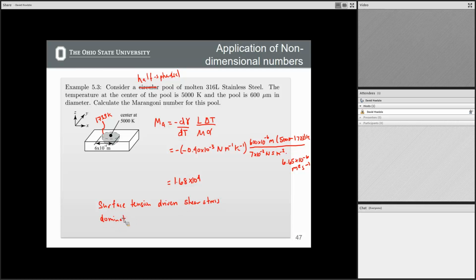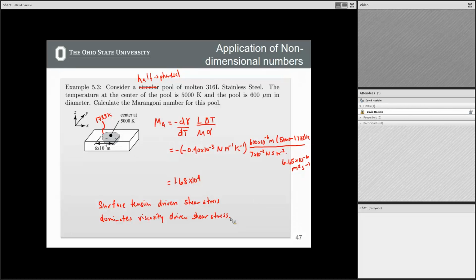It doesn't just dominate by a little bit, it dominates by a large factor, viscosity driven shear stress. Okay, so this means material is going to flow in this melt pool.